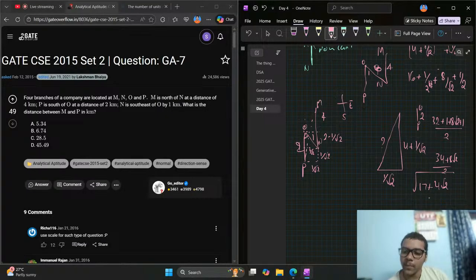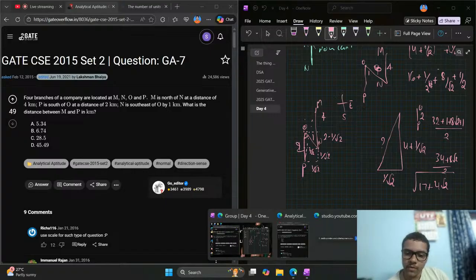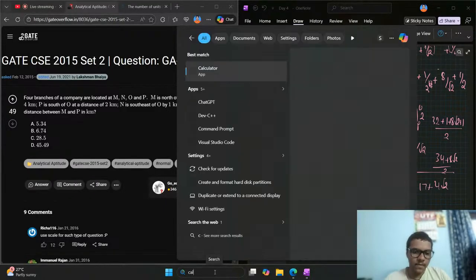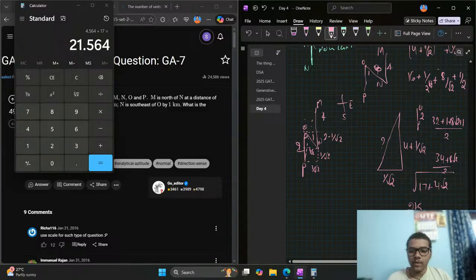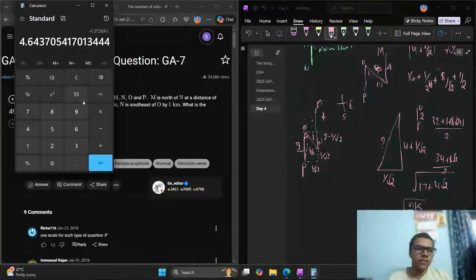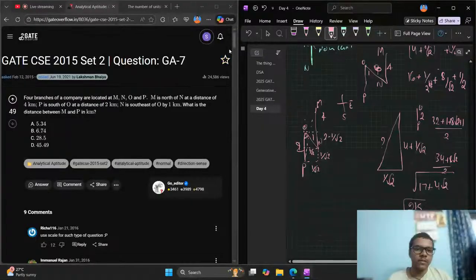Okay, you need approximation here. What is the normal value of 4 root 2? 4 times 1.414 is 5.6, plus 17, 22.6. Whole square root, that is 4.6.